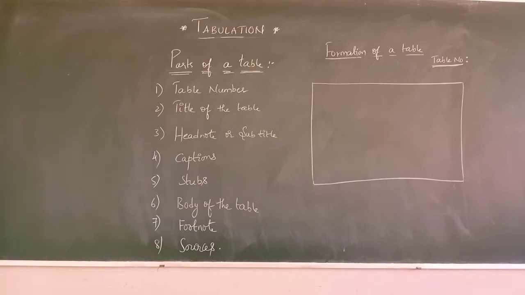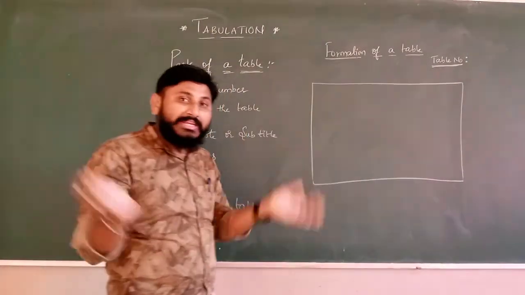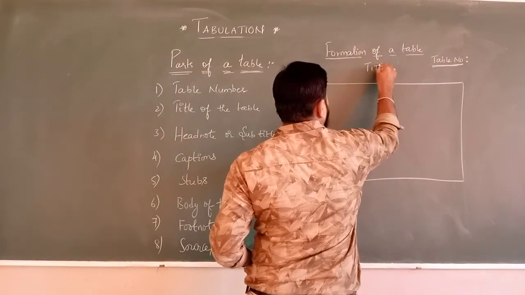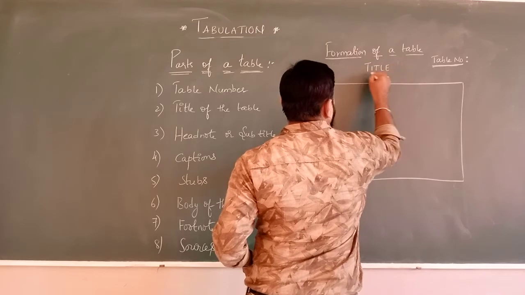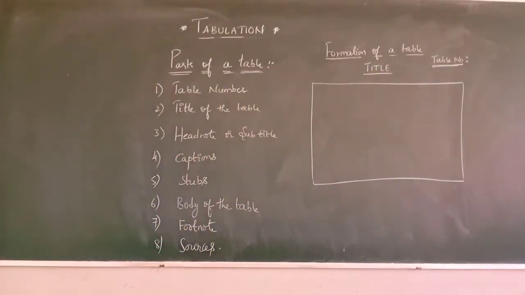Next, title of the table. Now captain of the ship, how it should be, the same way even title of the table also is very much required. Even title will explain and indicate to you the whole content of a table, right? Only one title will explain the whole content of a table. So that should be written as title at the center, right?